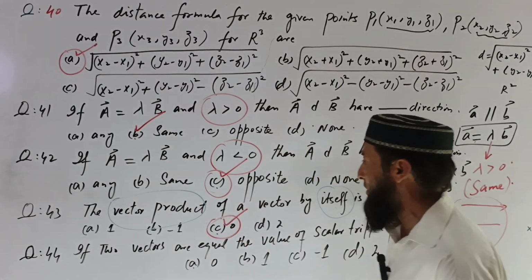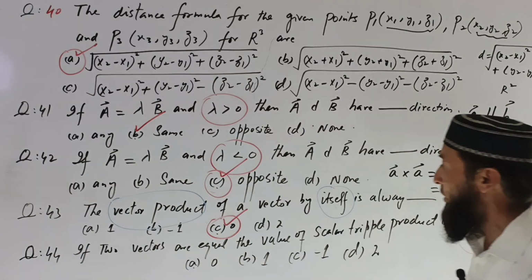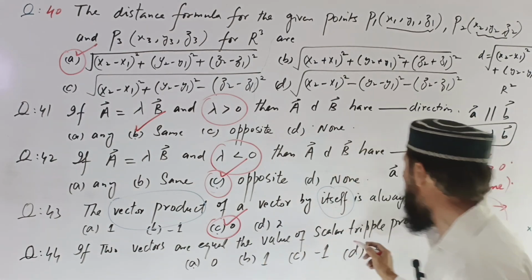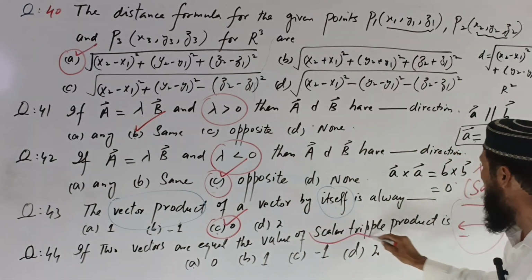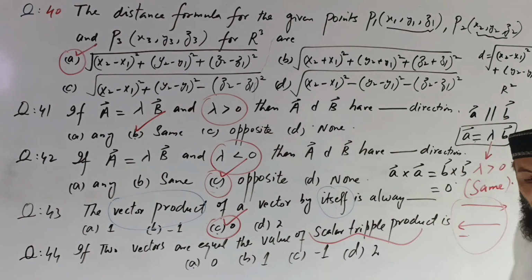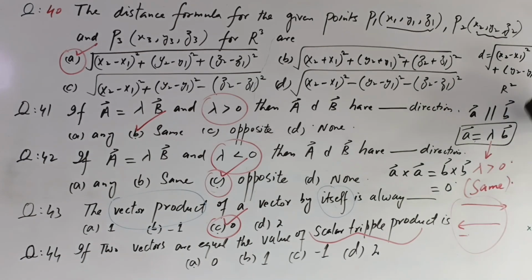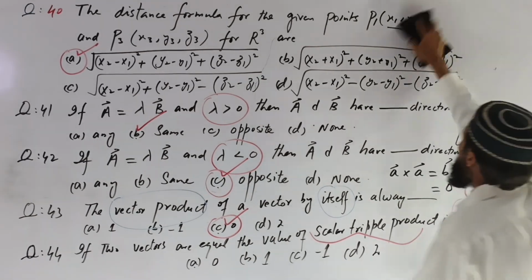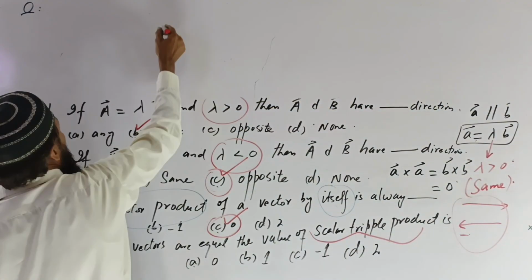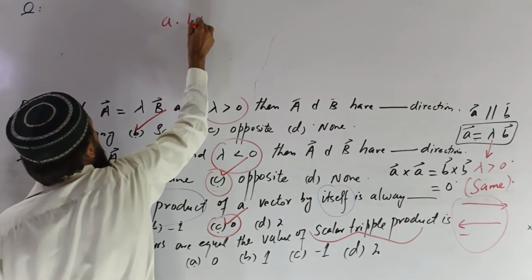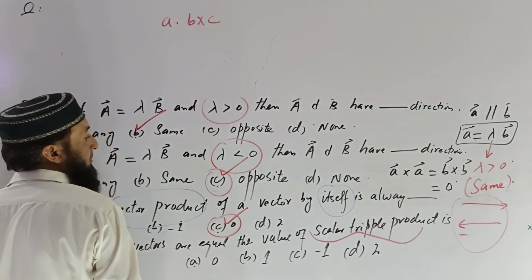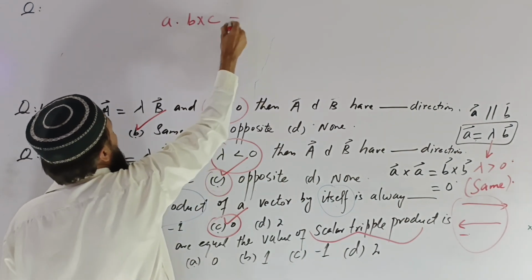If two vectors are equal, then the value of the scalar triple product, we have already discussed in the previous video: scalar triple product A dot B cross C, the result will be equal to 0.